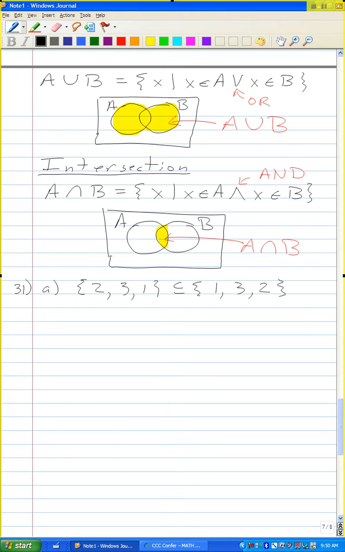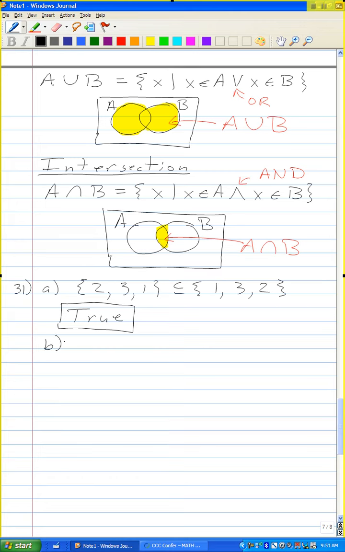So, is the set {2, 3, 1} a subset of the set containing the elements 1, 3, 2? The answer is true, because every element in the set is an element of the other set. So 2 is an element of this set, 3 is an element of this set, and 1 is an element of the set. So therefore, yes, that is true.